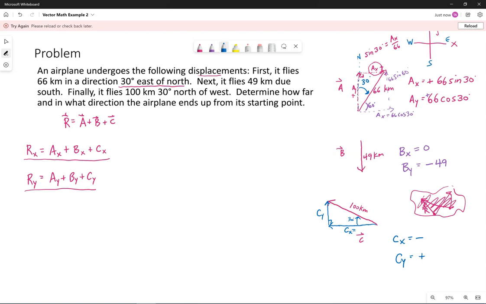So we want cosine. We'll have 100 kilometers times the cosine of 30. And just as a reminder, that comes by saying the cosine of 30 is the adjacent side over the hypotenuse. So this x component points to the left, negative, and then 100 cosine 30. The y component being opposite will be 100 sine 30.